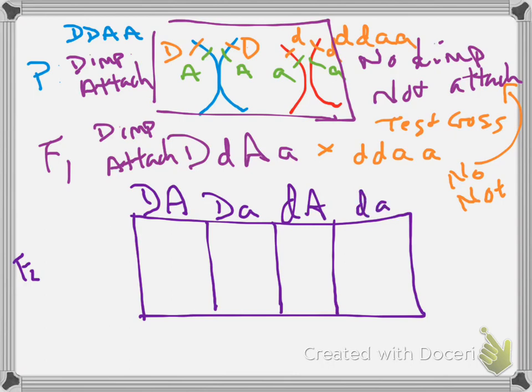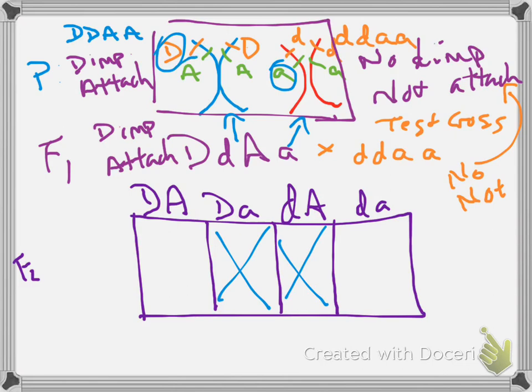Well, the thing is, because his chromosomes look like this, notice how these are not possible. You can't get big D with little a. They went to different gametes. Big D has to go with big A, right there.